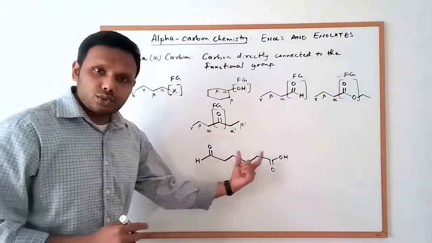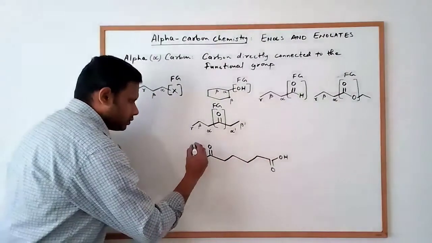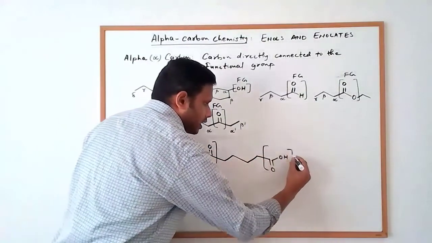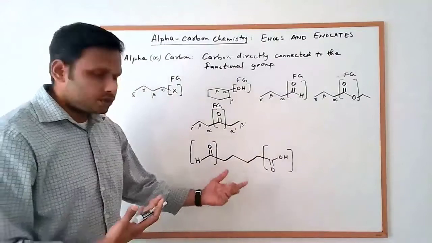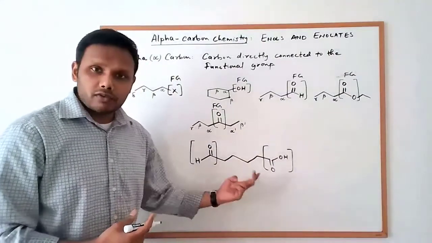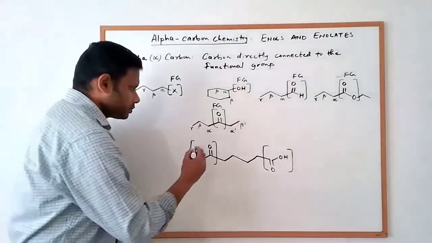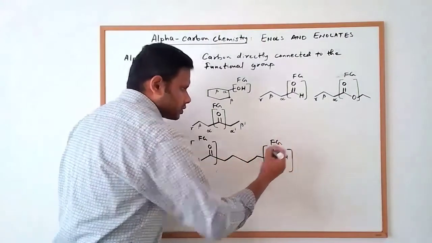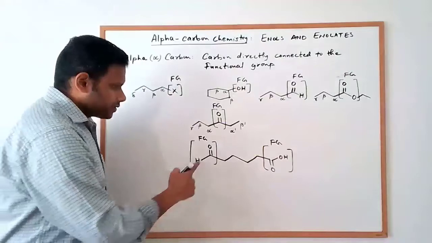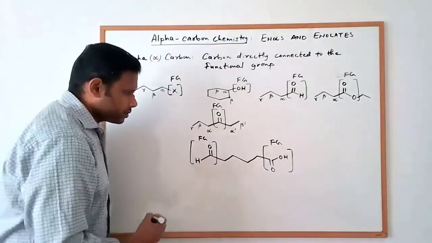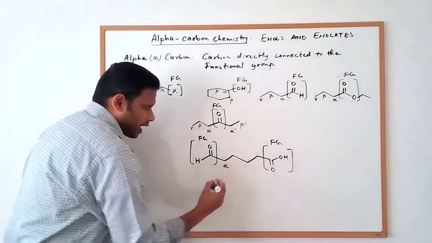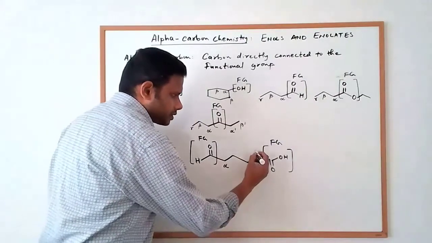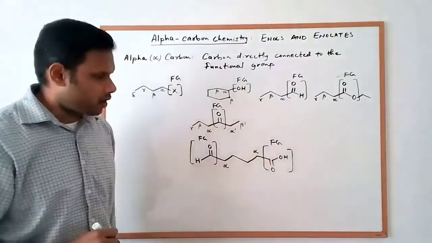Now, since there are two functional groups in this molecule, you're going to have two alpha carbons here, one for each of the functional groups. So this is a functional group, and that's another functional group. And so as far as the aldehyde functional group is concerned, this is alpha. And as far as the carboxylic acid functional group is concerned, that's the alpha carbon for it.